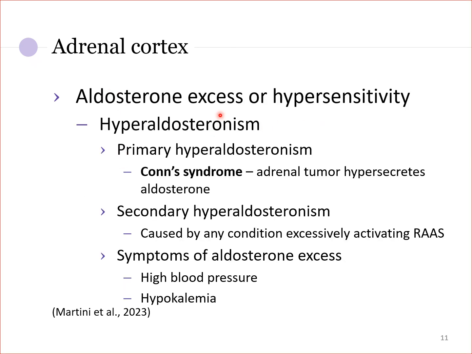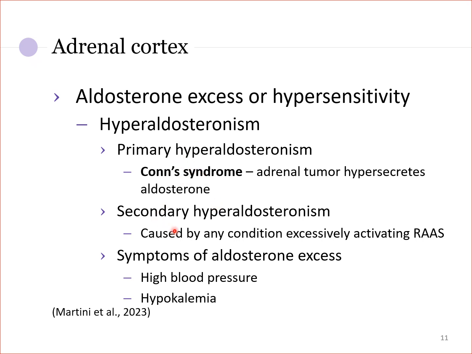What happens whenever we have more aldosterone? It's called hyperaldosteronism. If it is primary, like a tumor of the zona glomerulosa causing an increase of aldosterone secretion, this is called Conn syndrome.